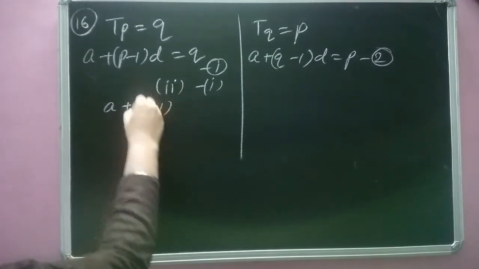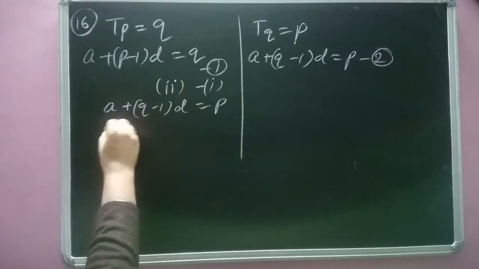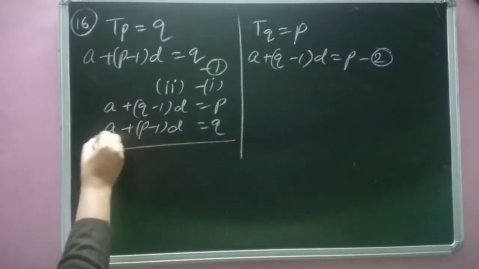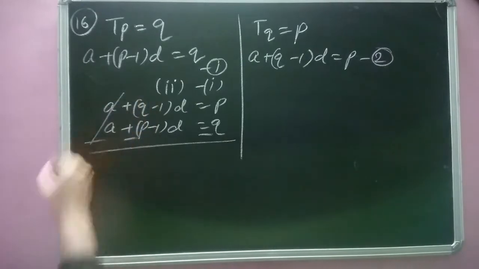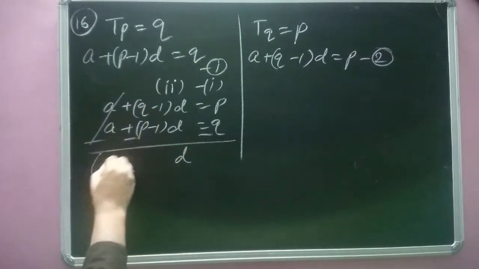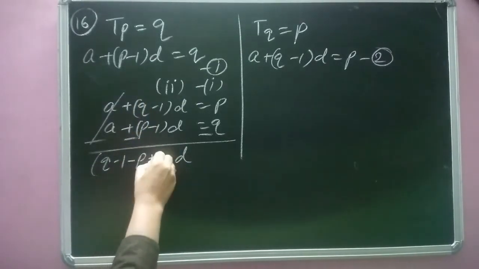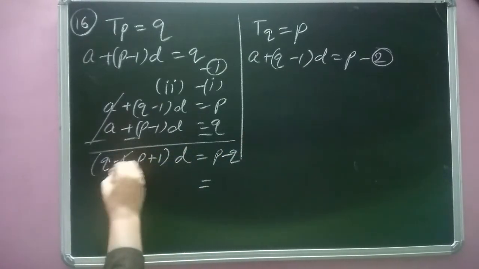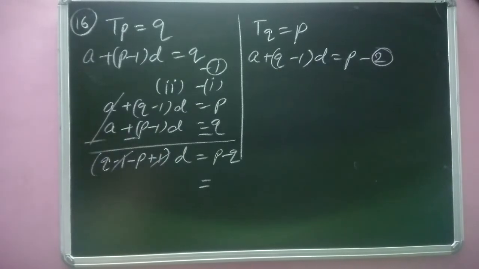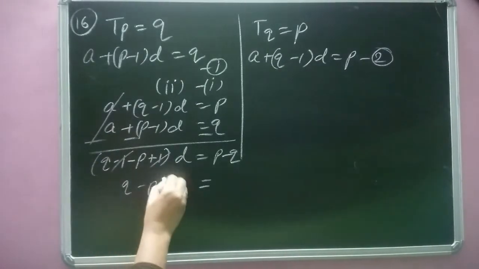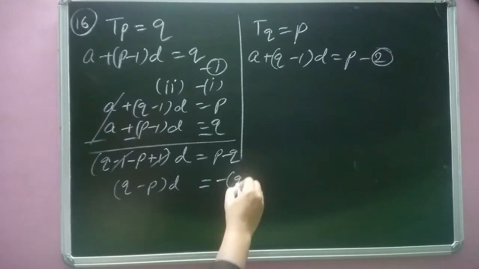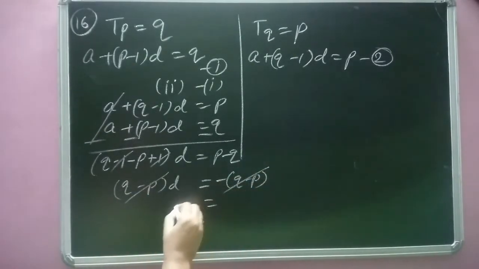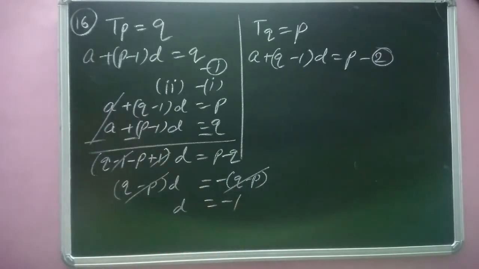A plus Q minus 1 into D equals P, and A plus P minus 1 into D equals Q. Subtract, A and A will get cancelled. Take D common. So Q minus 1 minus P plus 1 equals P minus Q. Again minus 1 plus 1 will get cancelled, and you get here Q minus P into D. Take minus common from the right side, this side also will be Q minus P. Q minus P will get cancelled, so D will be equal to minus 1.